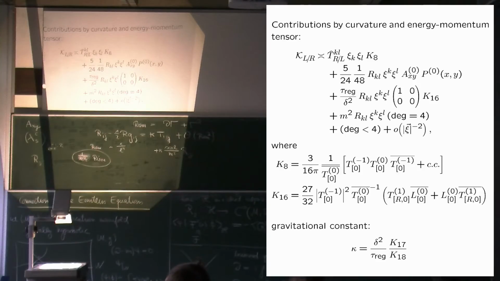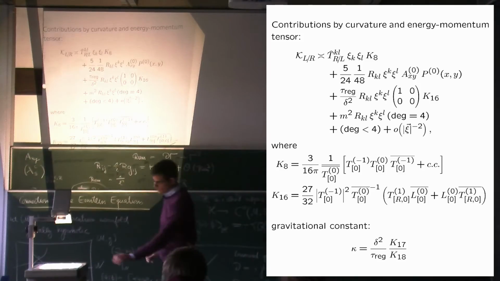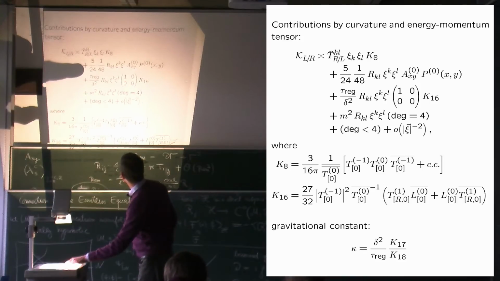So delta is a length scale which is much larger than the Planck scale, than epsilon, but which should still be much smaller than the macroscopic length scale. So this is what the delta is. And the delta is precisely what comes up here.